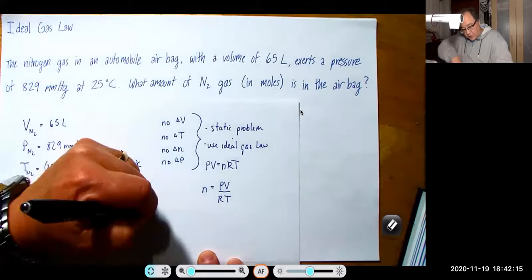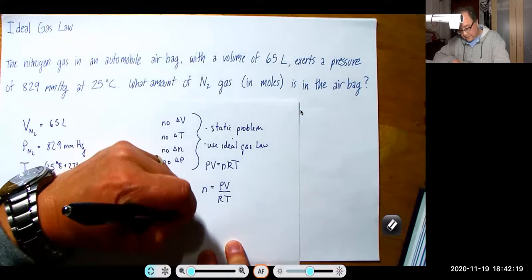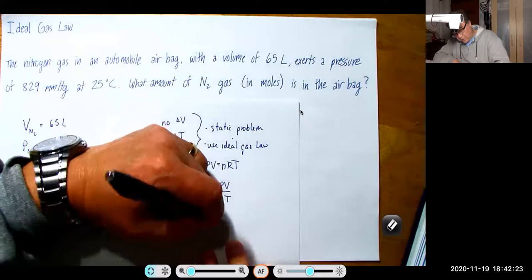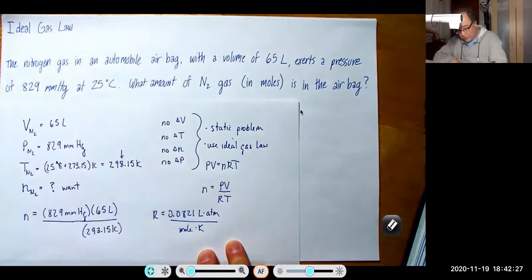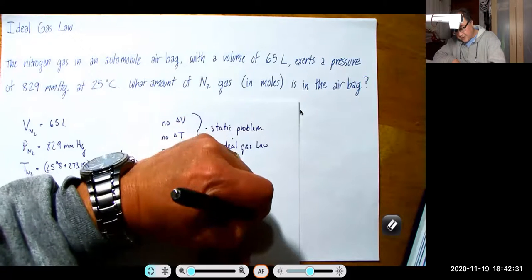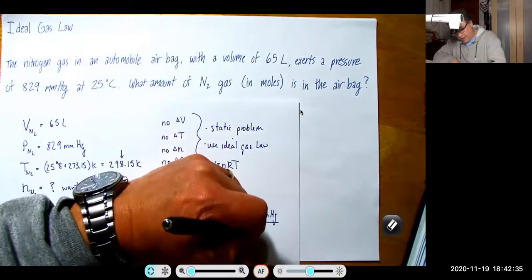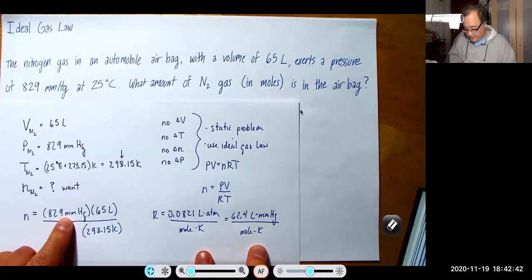So the question is, which R do I want to use? Do I want to use R equal to 0.0821 liters atmospheres per mole per K? Or do I want to use the one that is 62.4 liters millimeters of mercury per mole per K? Which of these two do I want to use? And the answer is, well, since that's millimeters of mercury, I want to use this R that has millimeters of mercury.